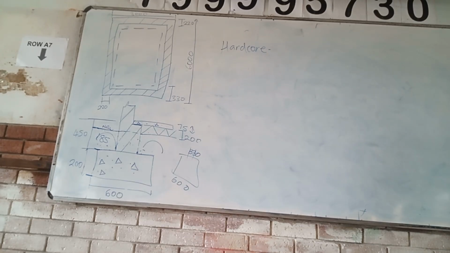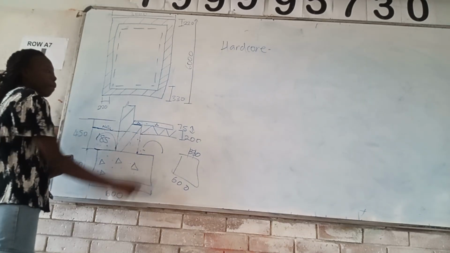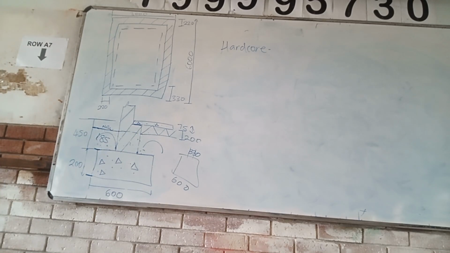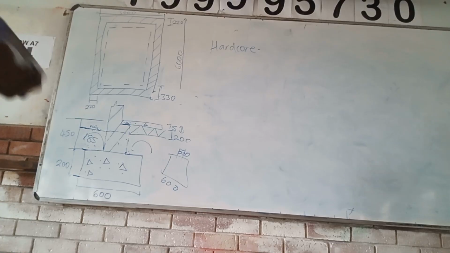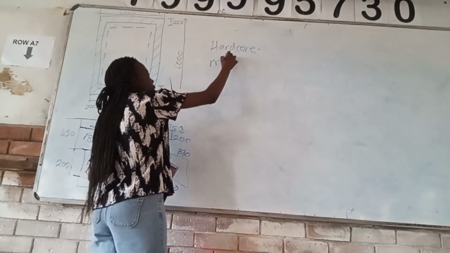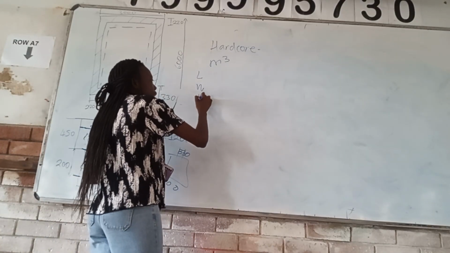Why are you only saying it's 6,000? It includes the one. Here is our hardcore. Is it including the one? So our hardcore is cubic meter. When it's cubic meter, there's a length, a width, and a height.